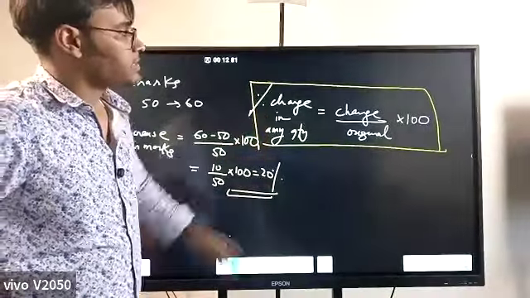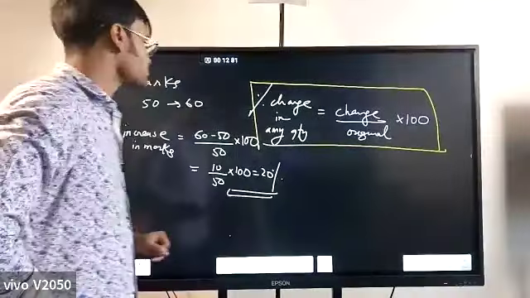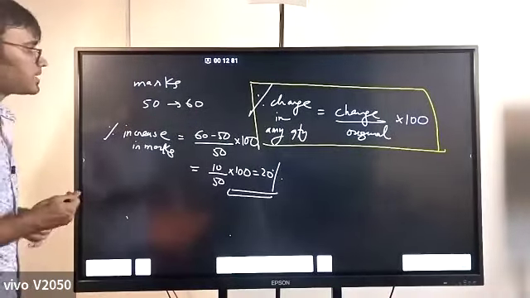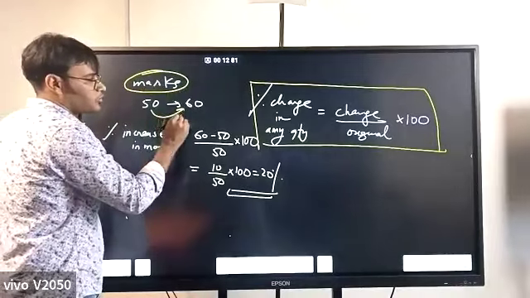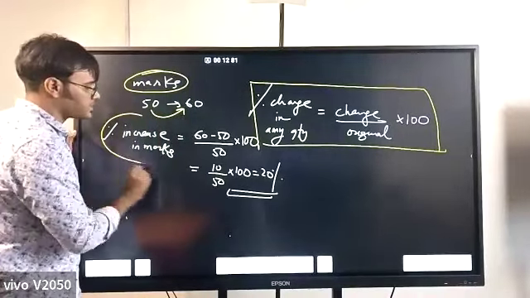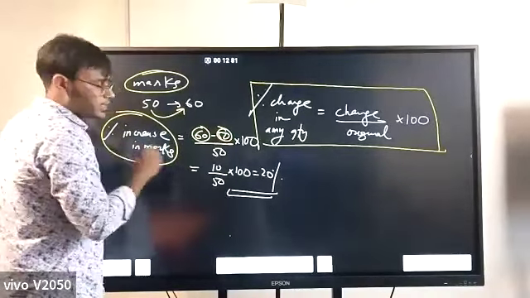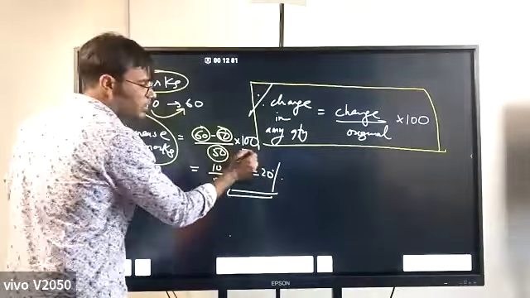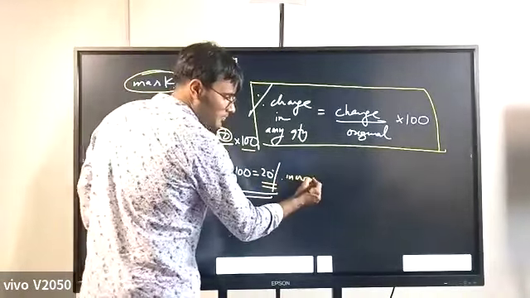Percentage change in any quantity means change divided by original into 100. I have given one simple example. Let's say your marks increased from 50 to 60. What is the percentage increase in marks? Change, 60 minus 50, divided by original into 100. So we got a 20% increase in marks.